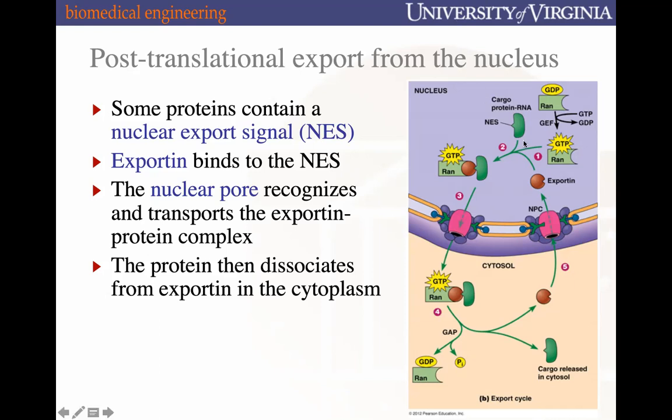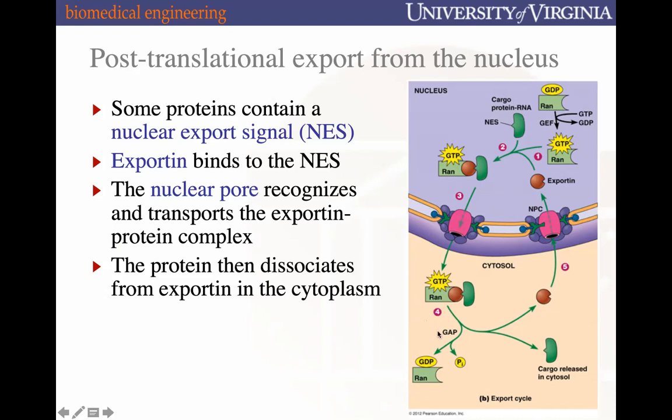And what will end up happening is this protein with the NES will bind to GTP loaded RAN, but this time with a protein called exportin. So when importing, it was importin. With export, it's exportin. So the NES possessing protein will bind to exportin that's within GTP loaded RAN, ride down the concentration gradient.